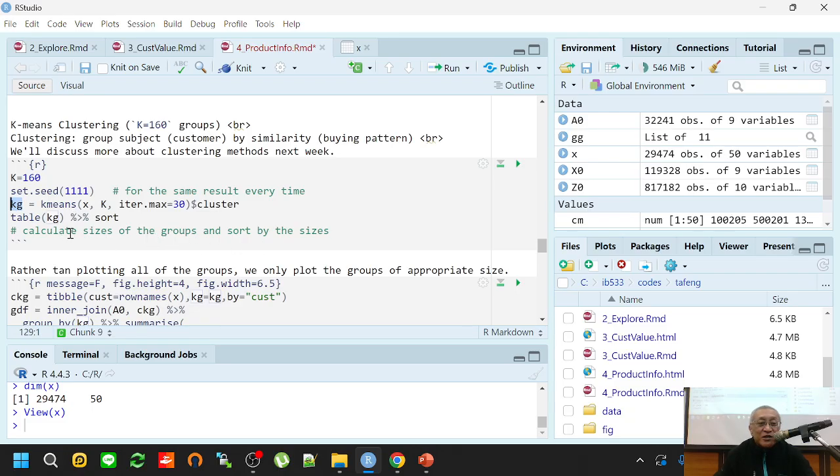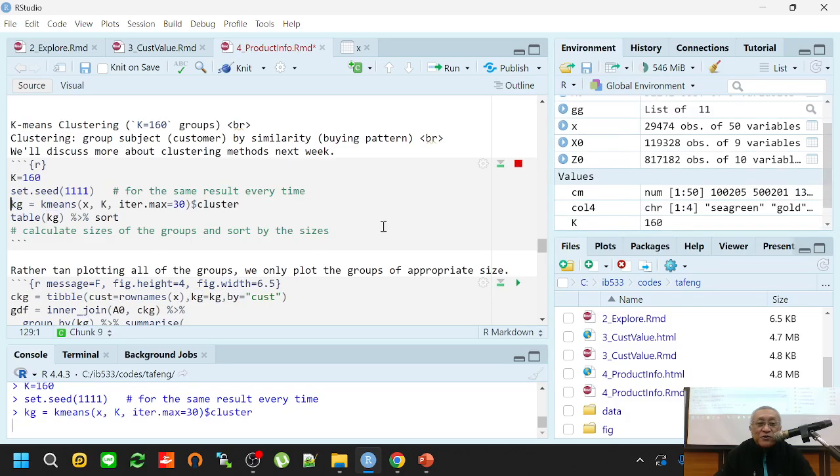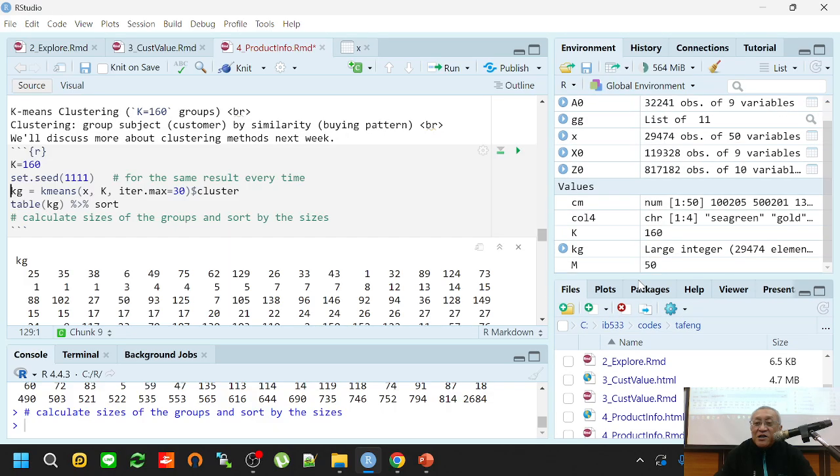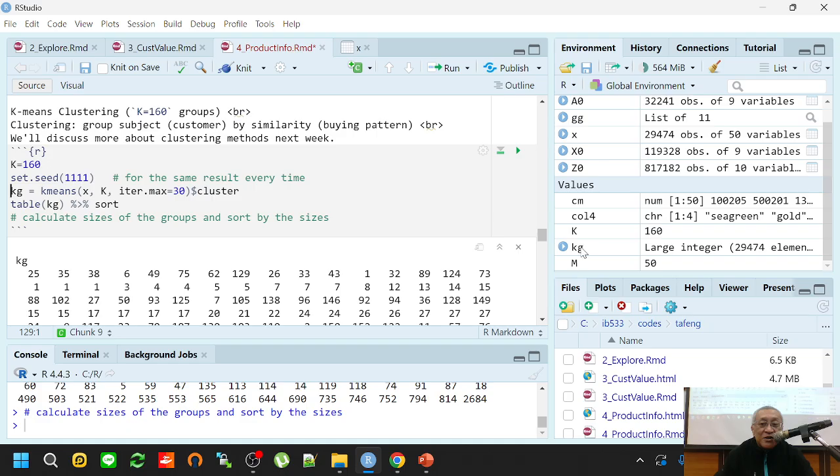If you see this vector, let me run this first. Okay, so KG is actually a vector of the same length as x, because I'm using x to do the grouping.